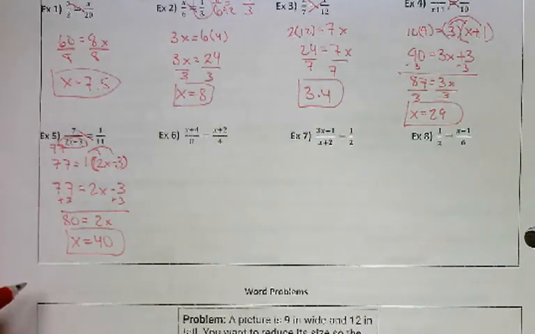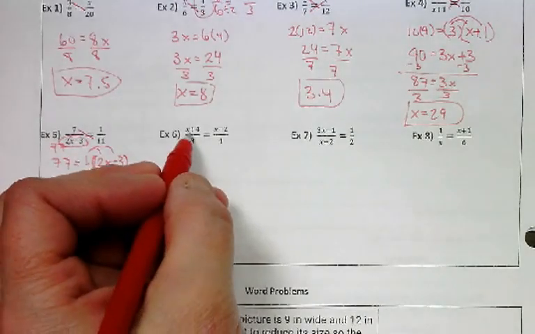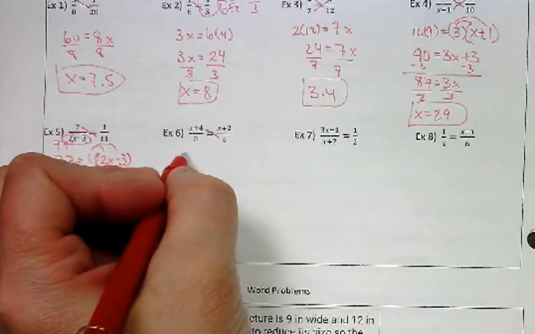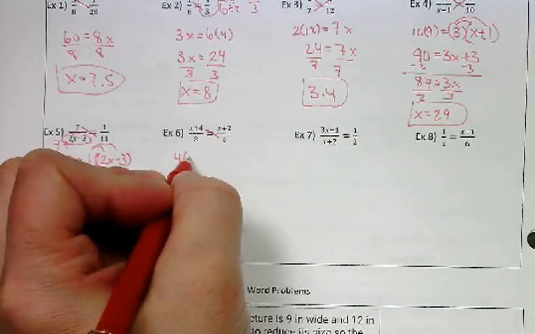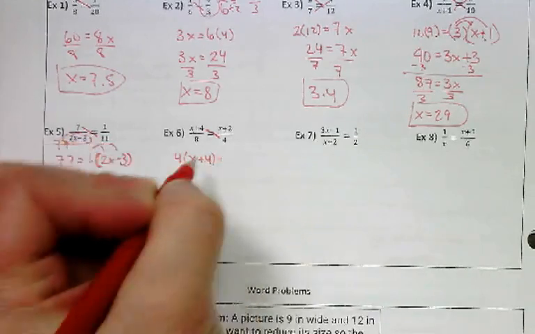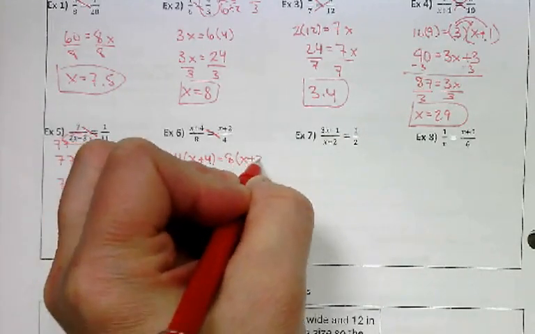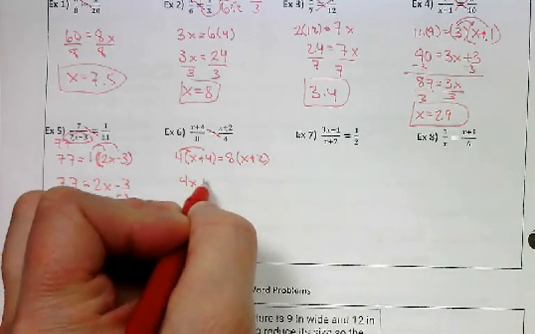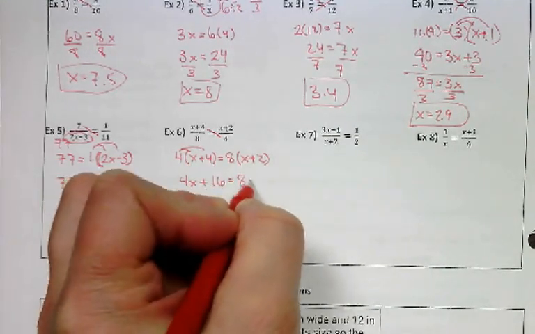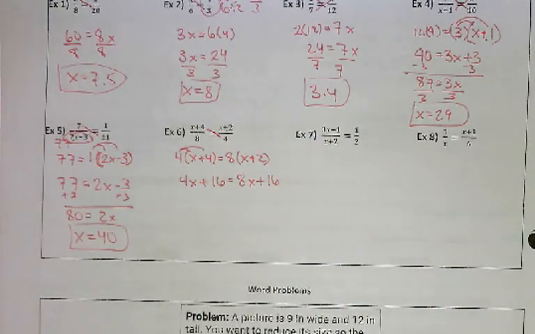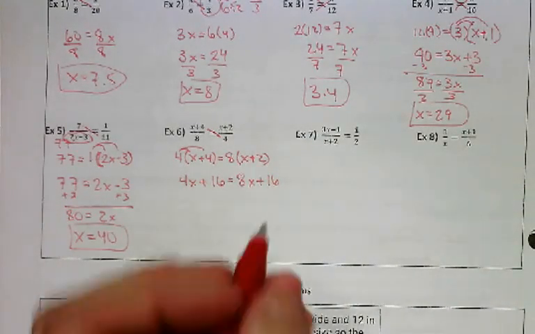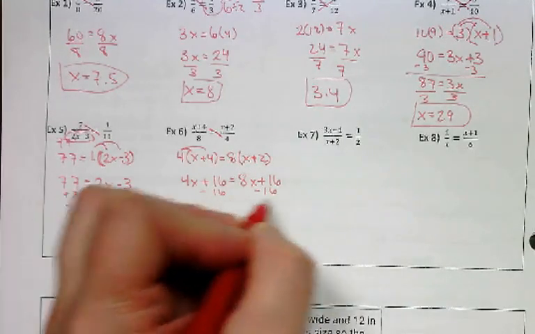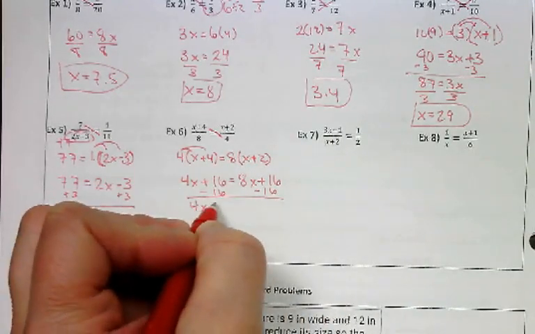All right, so here we have more binomials. We're going to have 4 times x plus 4 equals 8 times x plus 2. And once again, remember, you have to distribute. So that's going to be 4x plus 16 equals 8x plus 16. Now I'm going to subtract 16 from both sides, and I get 4x equals 8x.